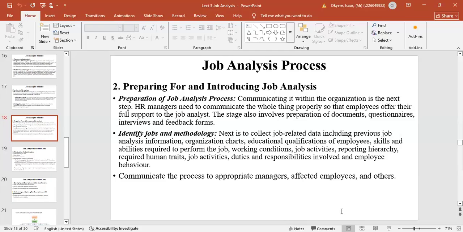Now, you need to prepare the questionnaires that you will use to collect the job analysis information. If it is interviews, you need to prepare interview guides. You need to prepare feedback forms. You need all the information. You need to select people who are supposed to conduct the job analysis.